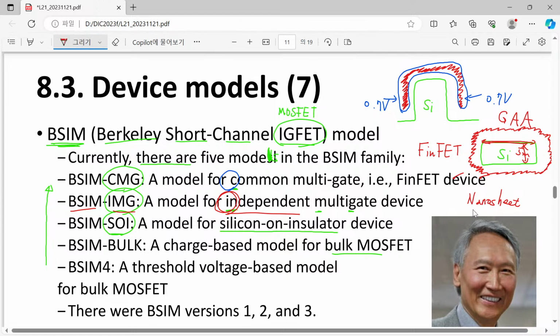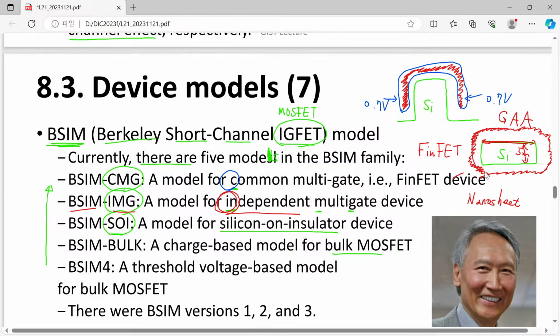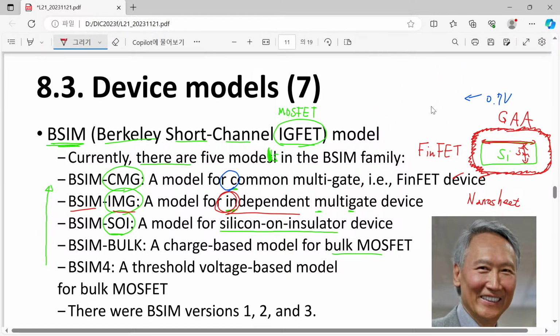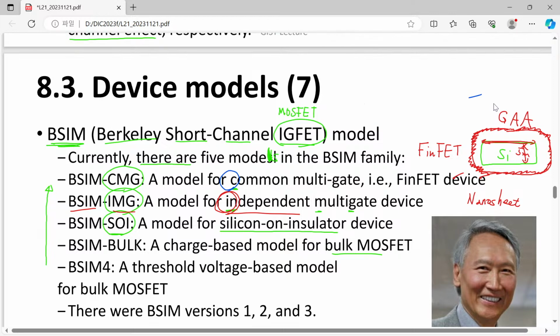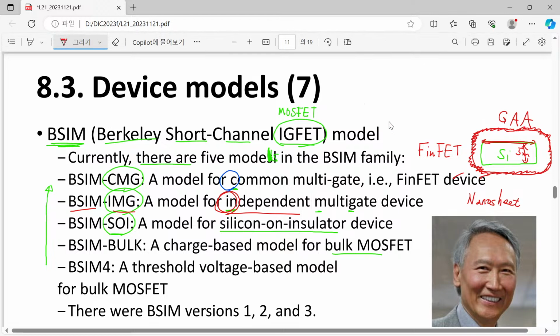The name nanosheet originated from the shape of the silicon, and the name gate-all-around originated from the fact that the gate is surrounding the silicon all around. So it is a little bit different. For example, we can consider a gate-all-around transistor which is not a nanosheet.